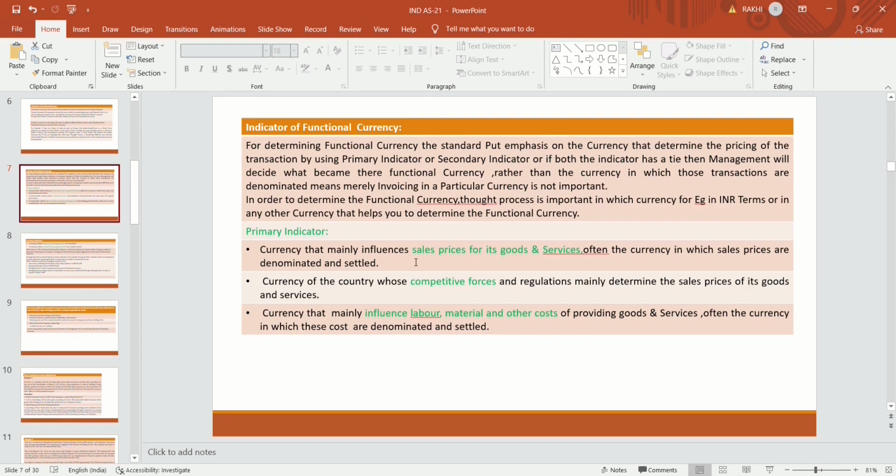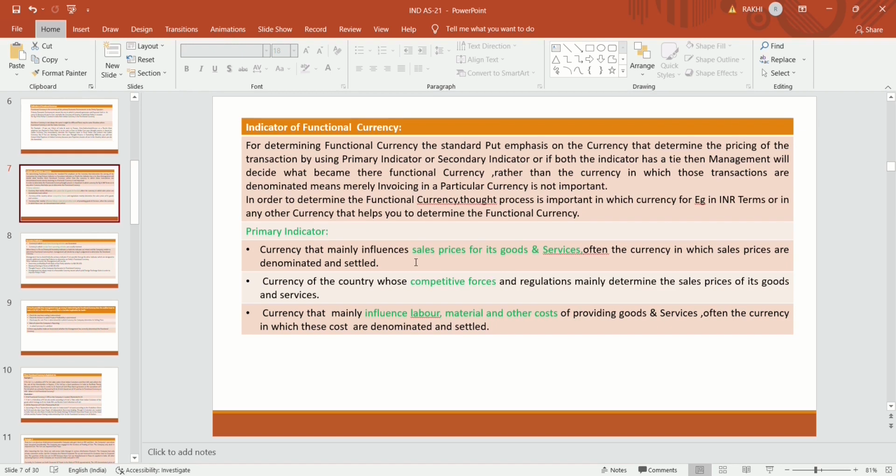This needs to be explained, why there is a clash. Suppose there is an Indian company, the entity, and all its operating expenses, labor cost, material cost, salary, rent, indirect expenses, are paid in INR.